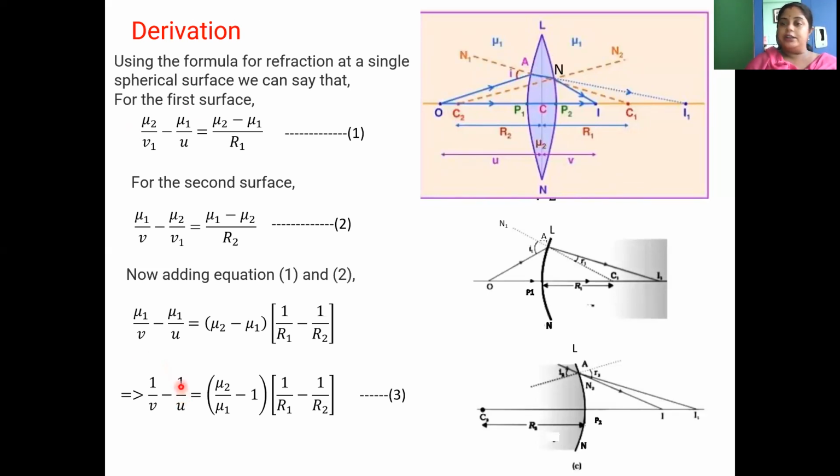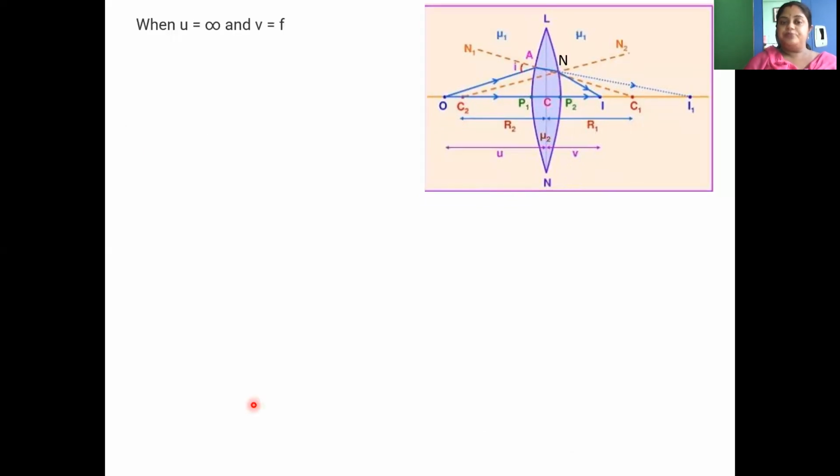So 1 by infinity is 0, and v equal to the focal length f. So 1 by f equal to this. So it is equation 4, and it is the required Lens Maker formula. Okay, बच्चों, याद रहेगा. What is this? It is the Lens Maker formula.